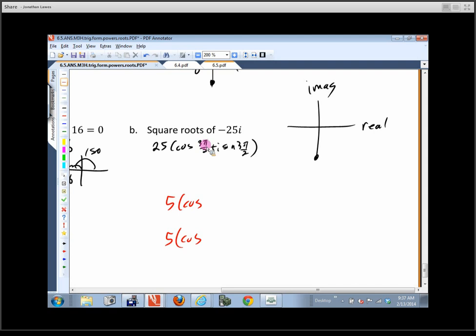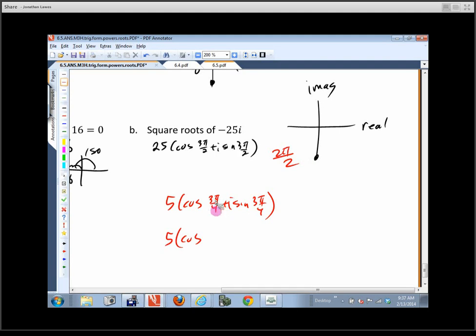First answer I get by taking this and dividing by 2. So that's going to be 5 cosine 3 pi fourths plus i sine 3 pi fourths. And how do I go from one answer to the next answer? Take the circle, and we want to equally space them out, and we're going to have 2 answers, so we're going to space them by pi.